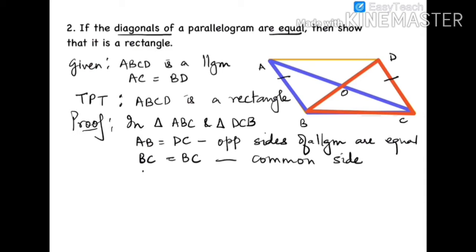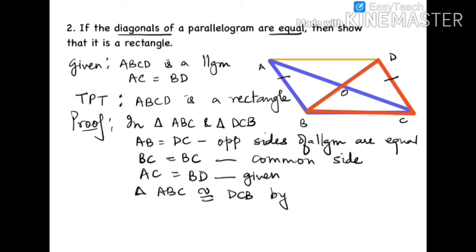So we can use this data, AC equal to BD. So now in these two triangles we have all corresponding sides equal. So triangle ABC is congruent to triangle DCB by side, side, side.